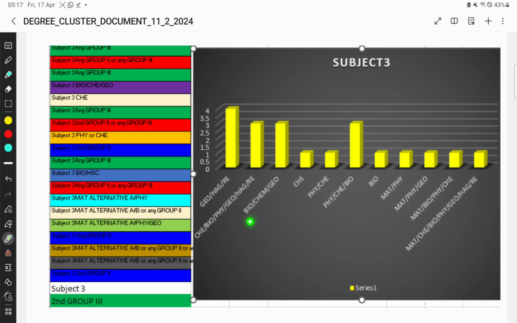Then we have a combination of biology, chemistry and geography. Opens into 3 different clusters. Physics, chemistry, biology, each of these will open into 3 different clusters. Therefore, when it comes to the third subject cluster, geography, history and government, and religious education takes the lead in the number of different clusters it opens the door for.